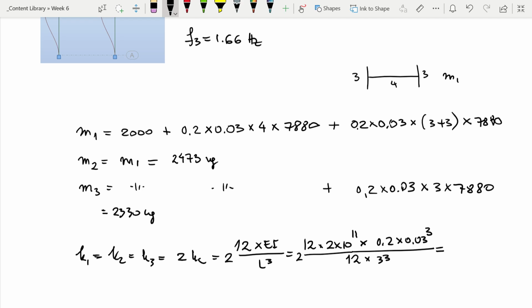So 12 and 12 will cancel, so it's 4 times 0.2 times 0.03 cubed times 10 to the 11 divided by 3 cubed, and I get 80,000.